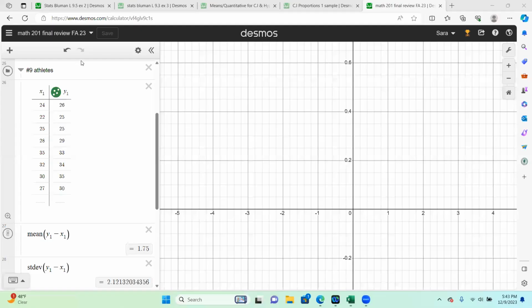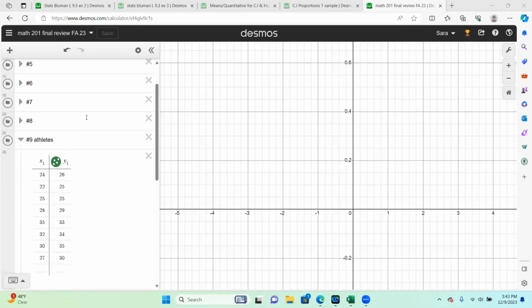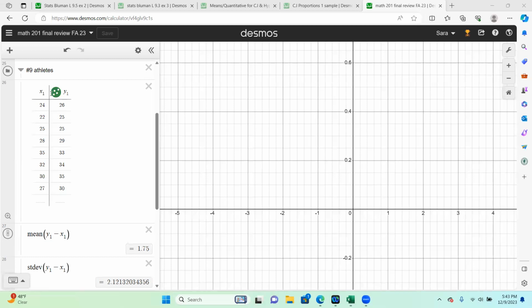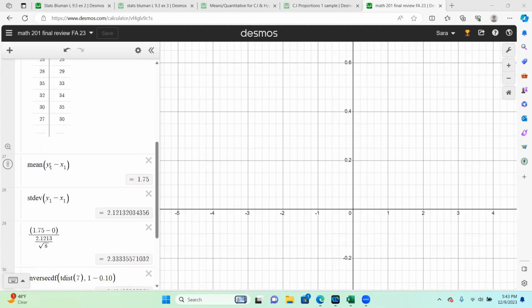So in Desmos, you'll see if you have that file open for the review, I put this data in tables, and then because we want to do the after minus the before, that's going to be the y1 subtracting the x1s. So I took the mean of those differences and the standard deviation of those differences.